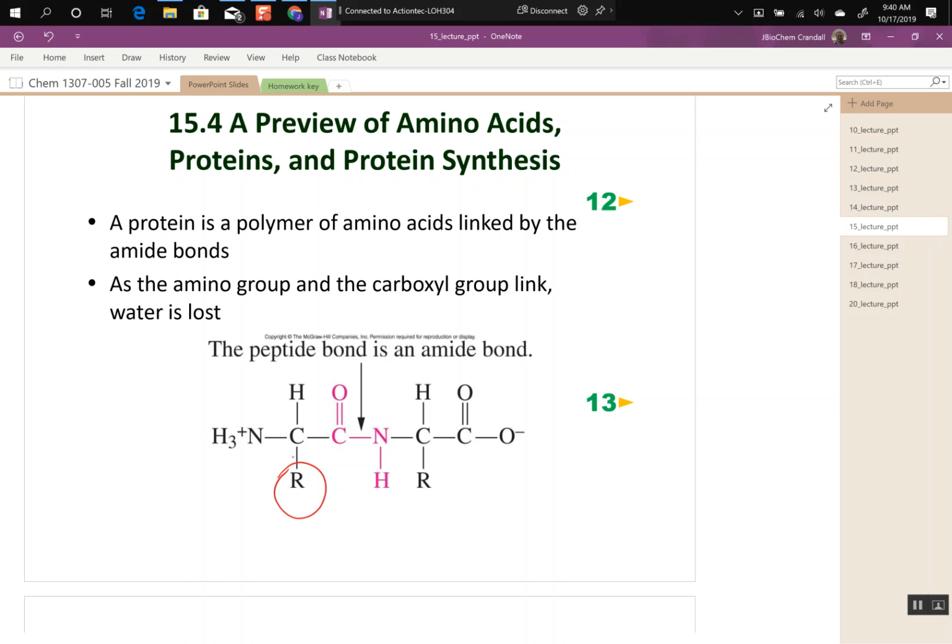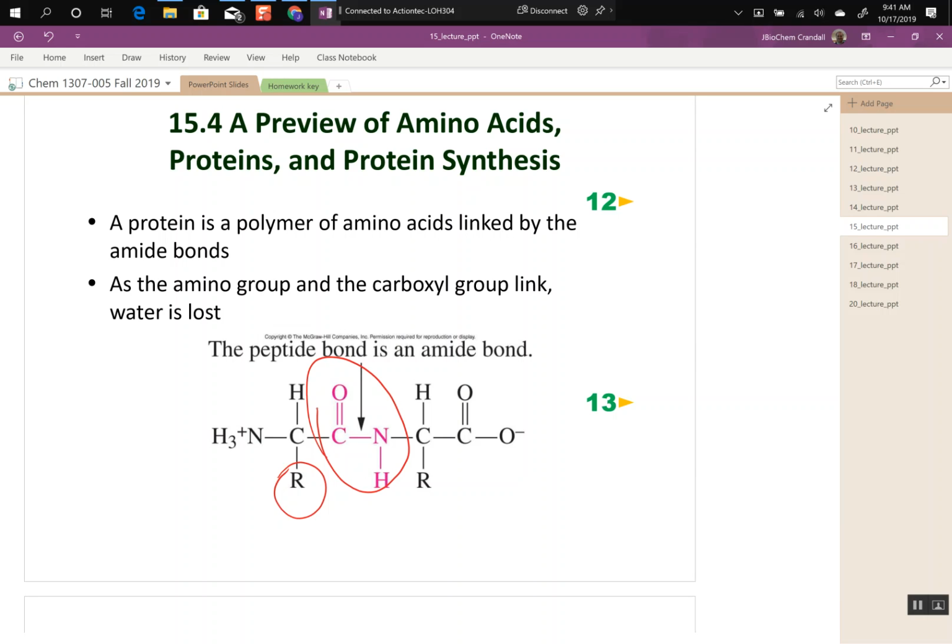So they form these things like beta pleated sheets or alpha helices, and so these are the secondary folding parts of a protein. Okay, and the formation of these alpha helices or beta pleated sheets are accomplished through the amide here.